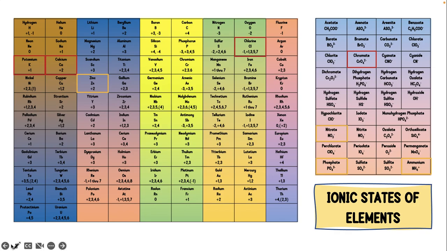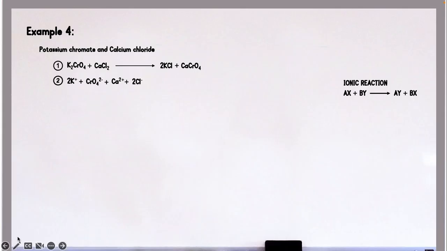Okay, chlorine 1 minus. And because we have already found these, we just fill in the rest for the remaining. Okay?